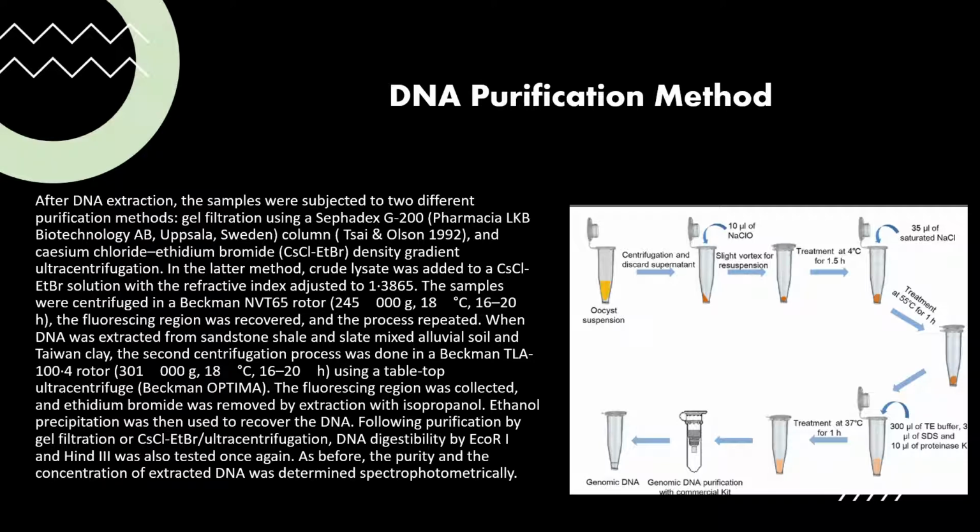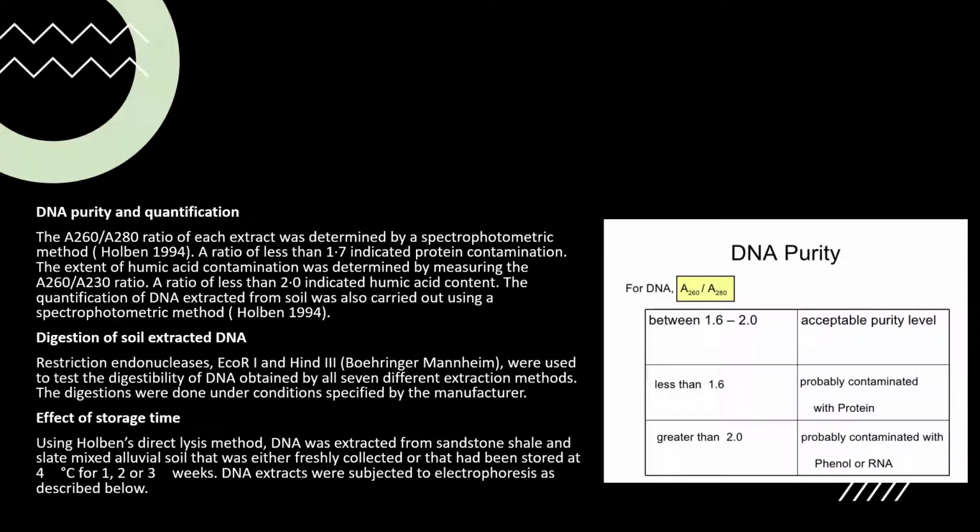DNA digestibility by EcoRI was also tested once again. As before, the purity and the concentration of extracted DNA was determined spectrophotometrically. DNA purity and quantification. The A260 to A280 ratio of each extract was determined by a spectrophotometric method.